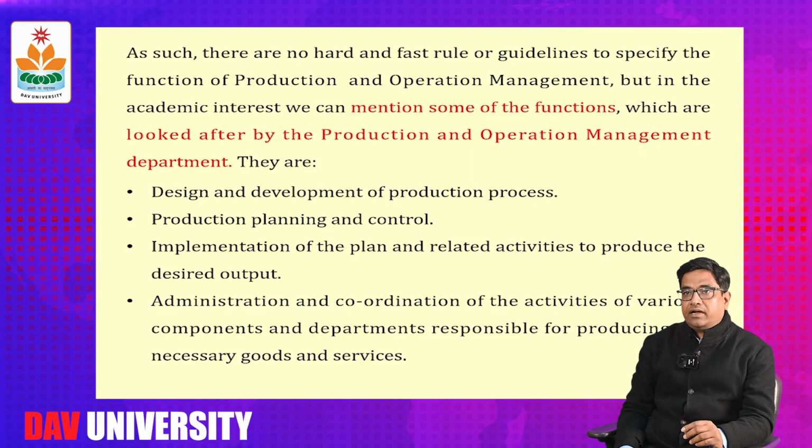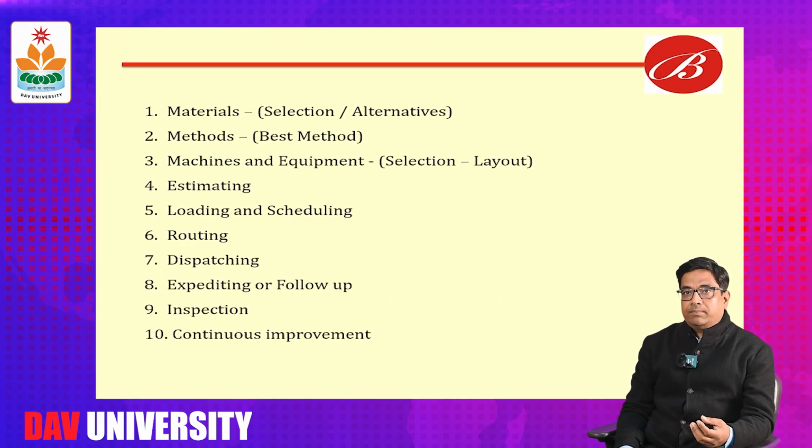It includes designing and development of the production processes, production planning and control, implementation of the plan and related activities to produce the desired goods and services, and administration and coordination of the activities of the various components responsible for producing the necessary goods and services, including selection of materials, developing the best method, selecting machines and equipment or preparing the layout, then estimating time, loading and scheduling, routing and dispatching, then follow up, inspection, and continuous improvement.